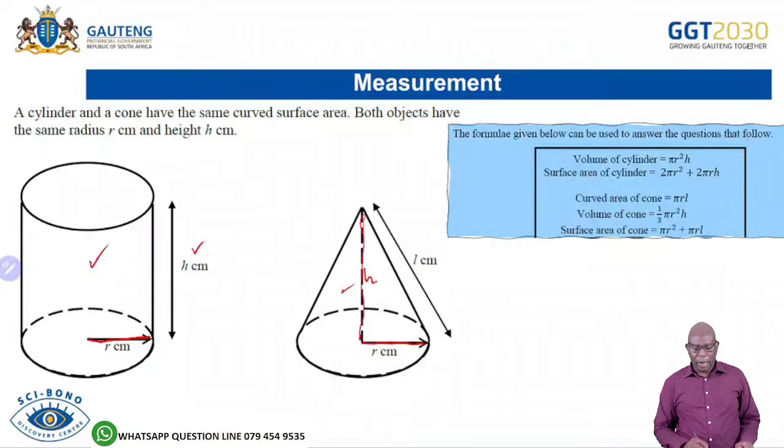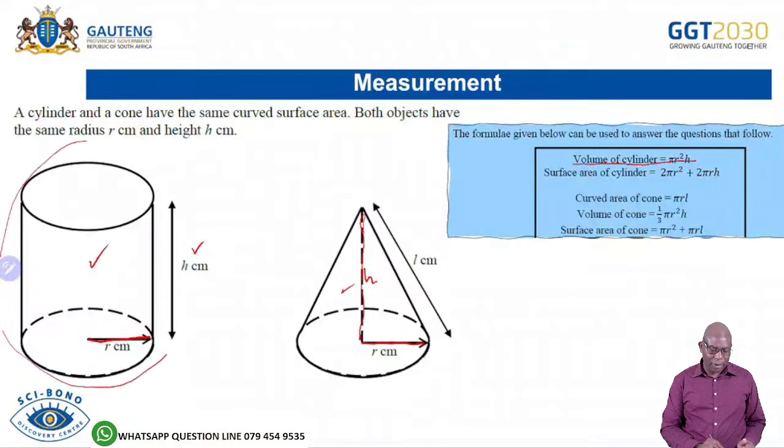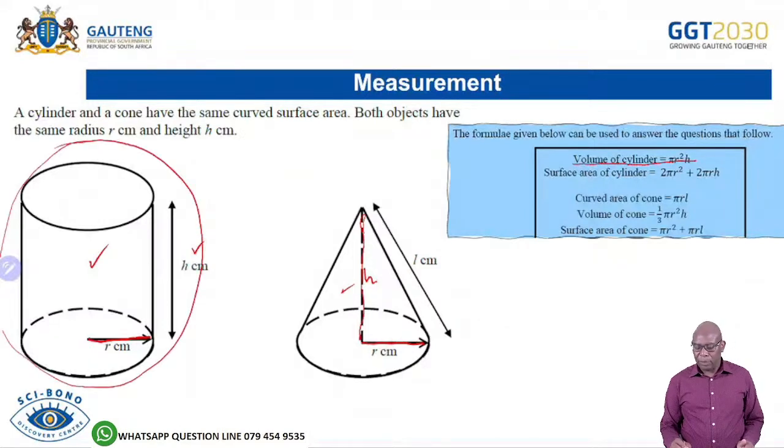Now, the formula given here is the formula of the cylinder. Remember, this is the formula for the whole cylinder. Pi r squared h means the area of the base multiplied by the height. In the surface area of the cylinder there's a 2, which means this part here is closed and that part there is closed.